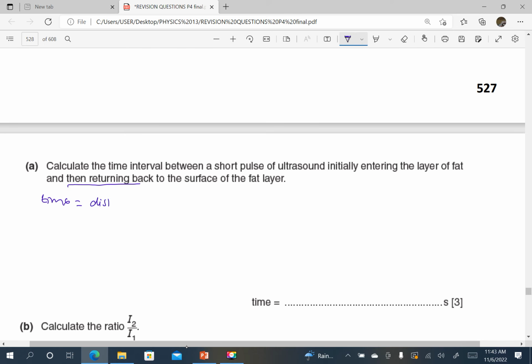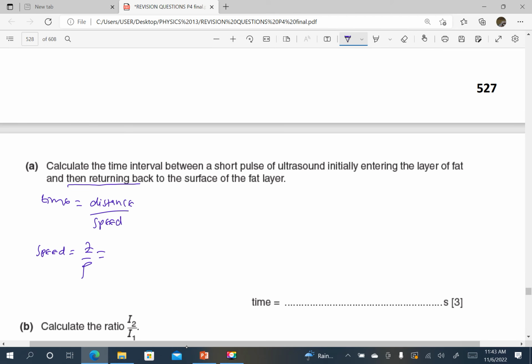Time will be the distance divided by the speed, and the speed is going to be got from Z over density. Speed is the Z over density.